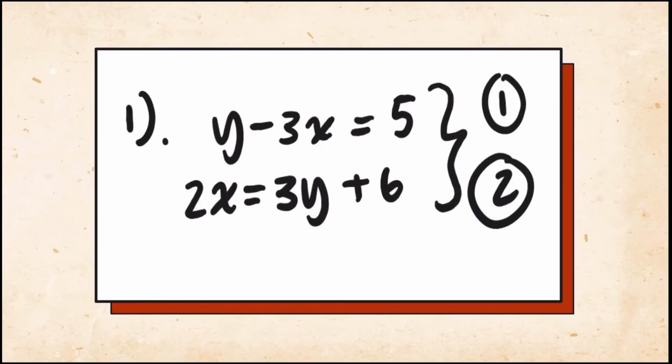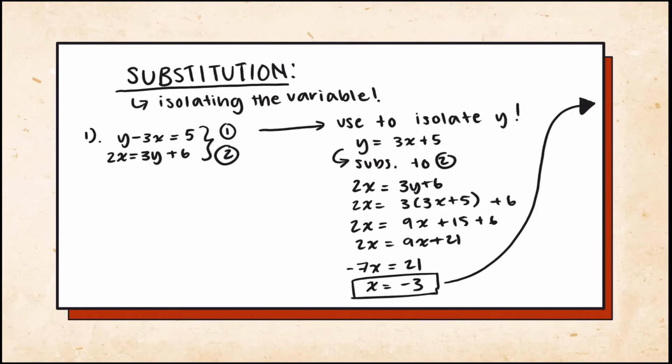Here is an example. y minus 3x equals 5, and 2x equals 3y plus 6. We need to isolate y so that we can sub y equals 3x plus 5 from the first equation into the second equation.